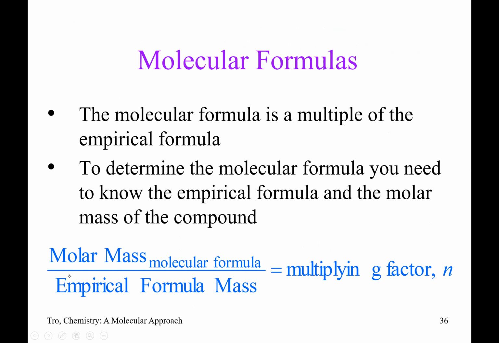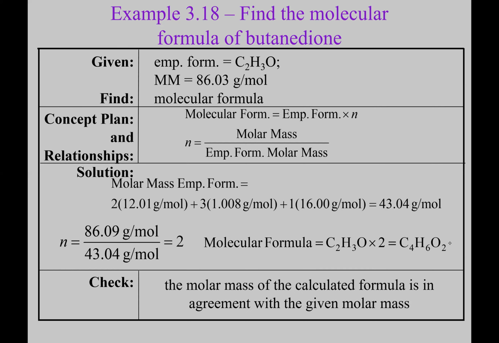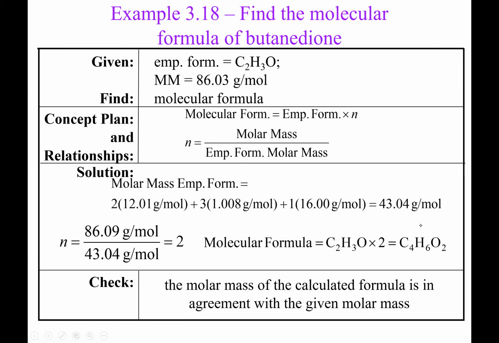Molecular mass divided by empirical mass is the multiplying factor, N, okay? If the empirical formula is given or calculated, you will be given the molar mass. If you don't have the molecular formula, you cannot calculate the molar mass.